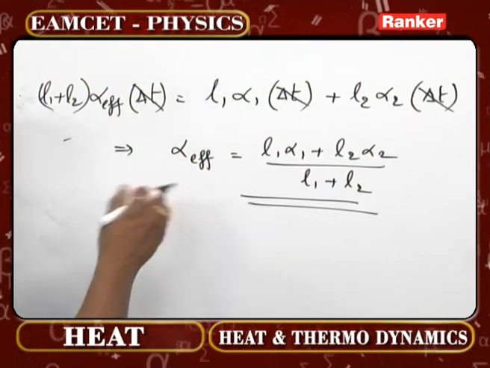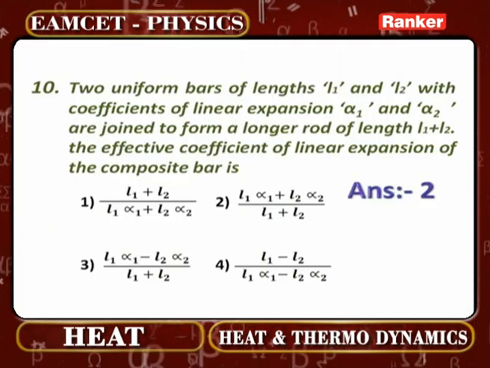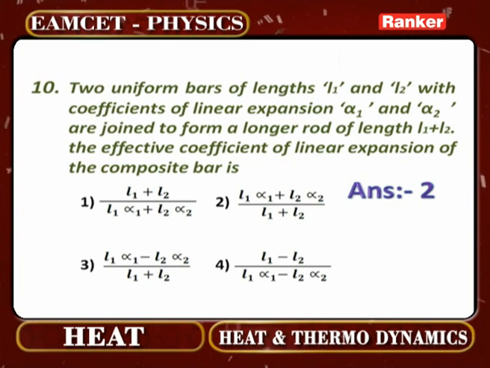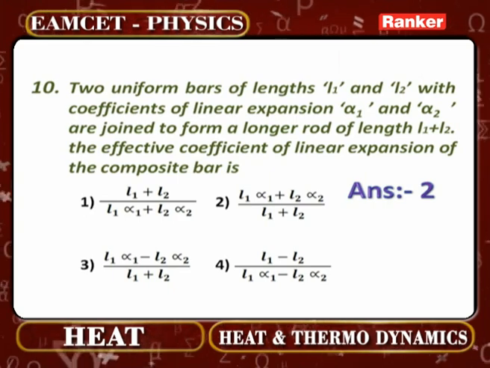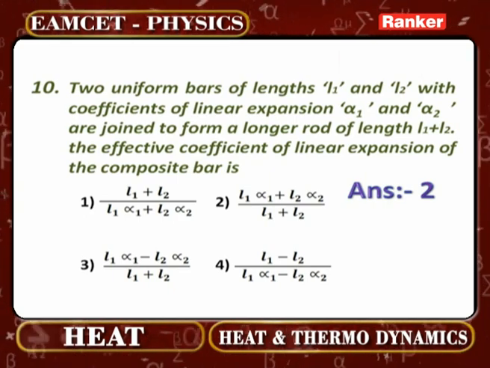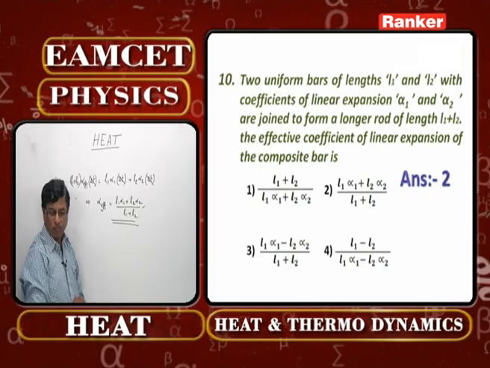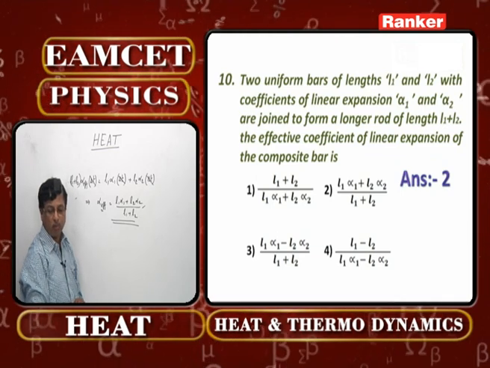Look at those options carefully once again. The second option, L1 alpha 1 plus L2 alpha 2 by L1 plus L2, is the corresponding formula for the value of alpha of the effective rod. This is question number 10, for which the option is the second one.